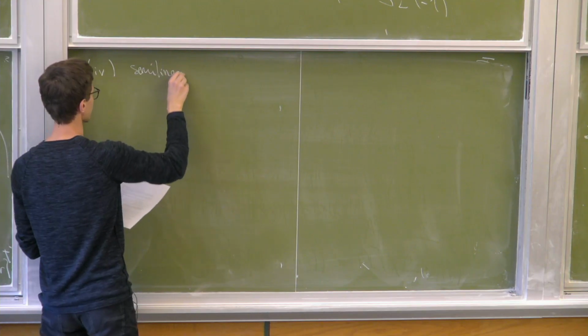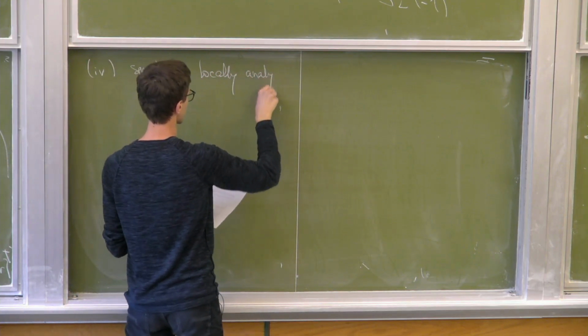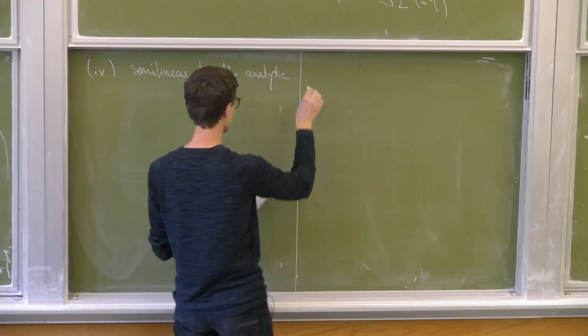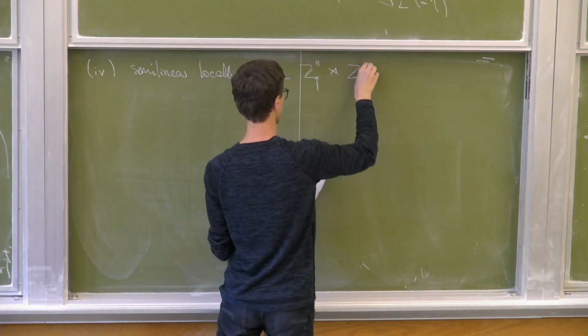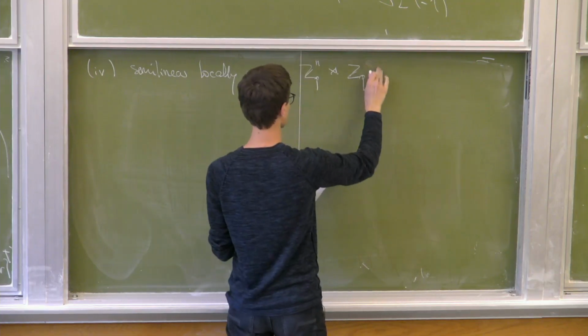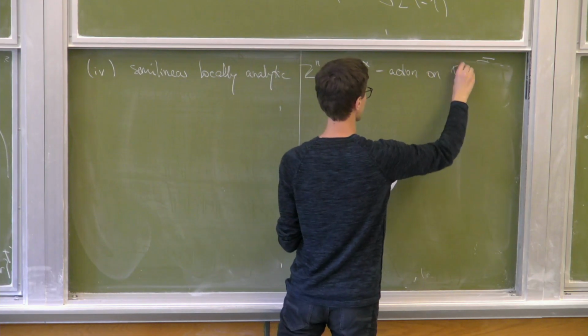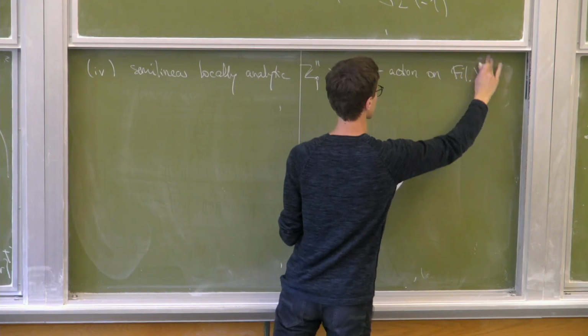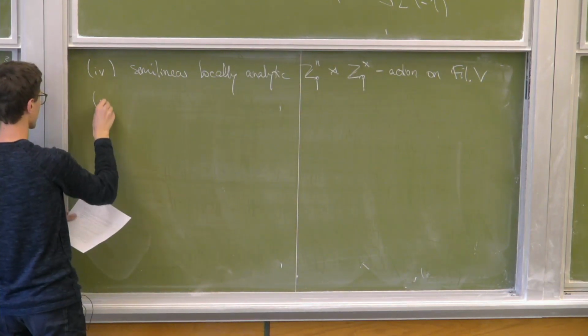So I want a semi-linear locally analytic Z_p^N cross Z_p^N cross Z_p cross action on this filtration where Z_p cross acts on Z_p^N by multiplication.